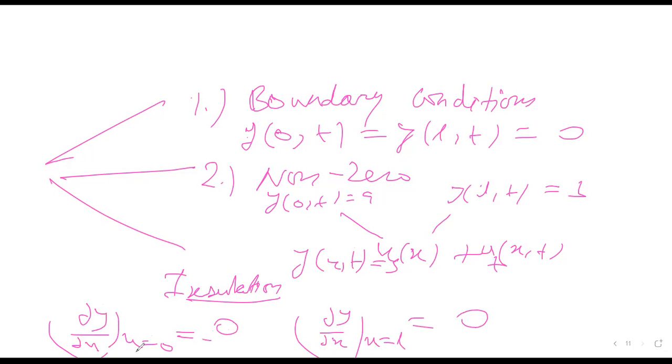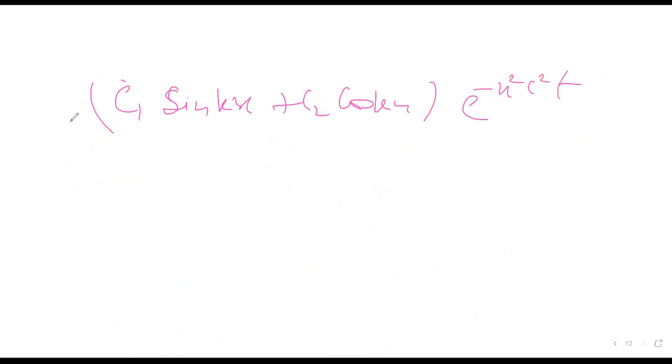From this also you can get two boundary conditions. How? Let's say the general solution is c1 sine kx plus c2 cos kx, into e to the power minus n square c square t. Let this be y.